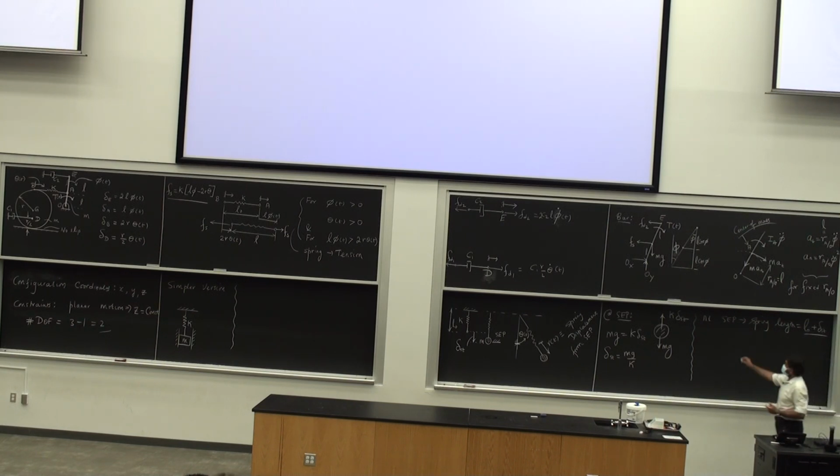What is the total length of the spring? It is going to be the static length at equilibrium position plus the displacement r of t: L naught plus delta static plus r of t. Does this make sense to everybody?